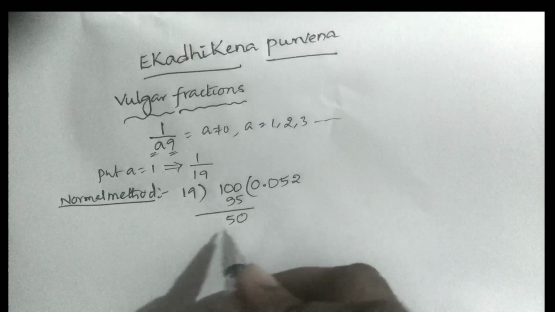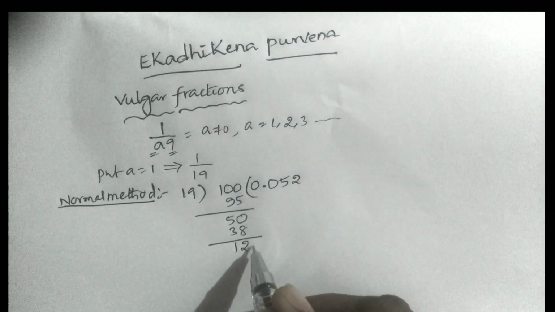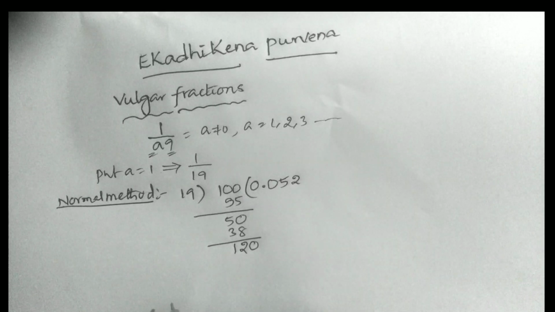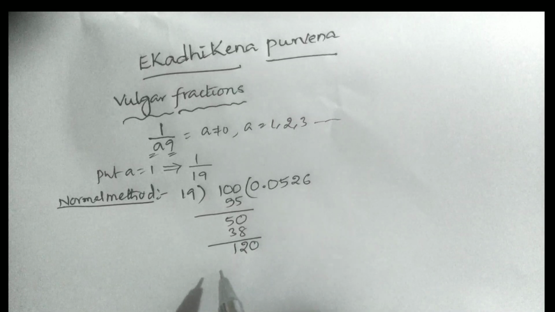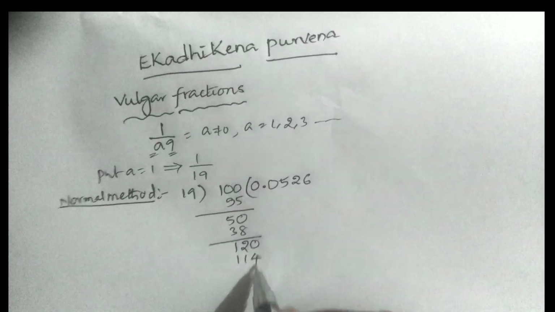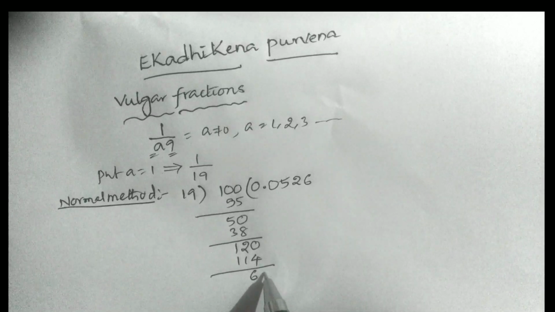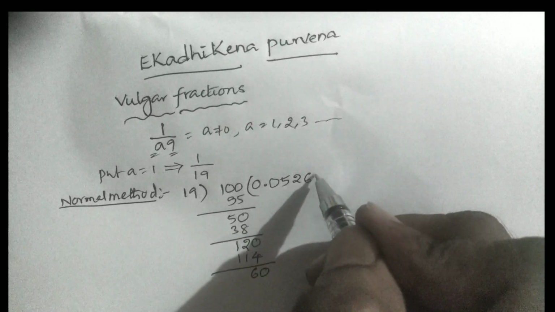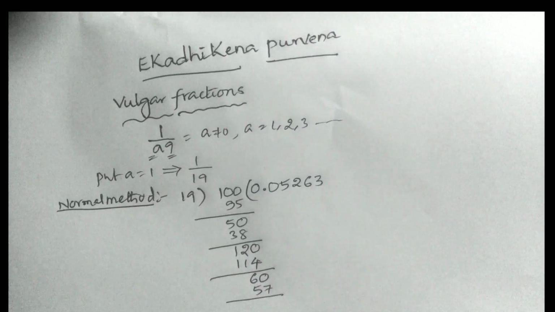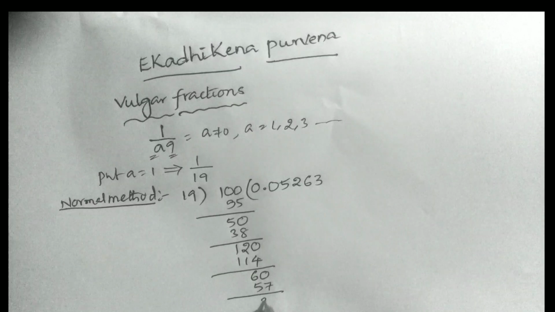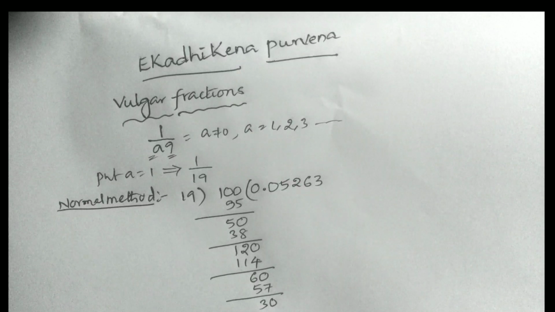19 2s are 38, subtracting the numbers gives 12, so take one more 0, 120. 19 6s are 114, subtract, now it becomes 6, that means 60. Again 19 3s are 57, subtracting we get 3, again take the 0, it becomes 30.